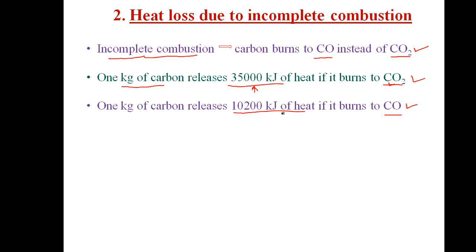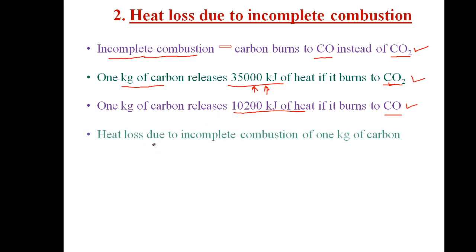So if there is incomplete combustion, the actual potential heat that was supposed to be liberated by combustion is not going to be liberated. So there is a loss of heat due to incomplete combustion. How much loss are we going to suffer? The heat loss due to incomplete combustion of 1 kg of carbon: if it burns into carbon dioxide, it liberates 35,000, and if it burns into carbon monoxide, it liberates only 10,200.